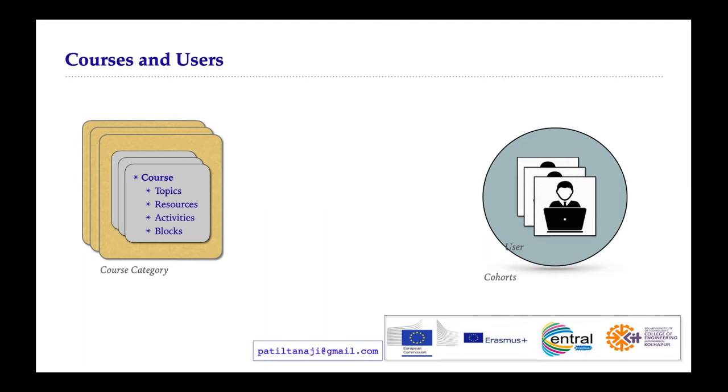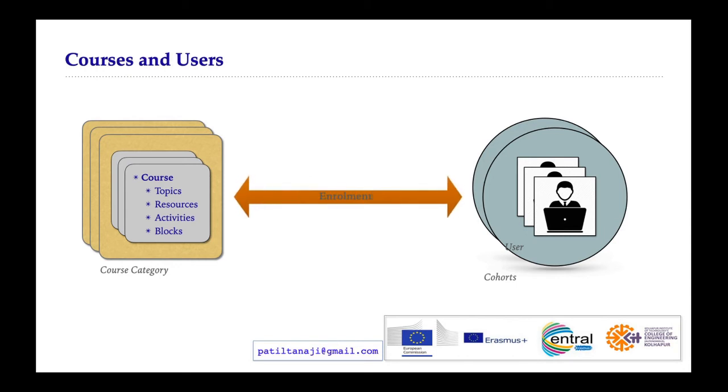Now, as I mentioned, there is no such thing as teacher or student at a site level. We need to map these users to different parts of our Moodle site, and this mapping is called enrollment.